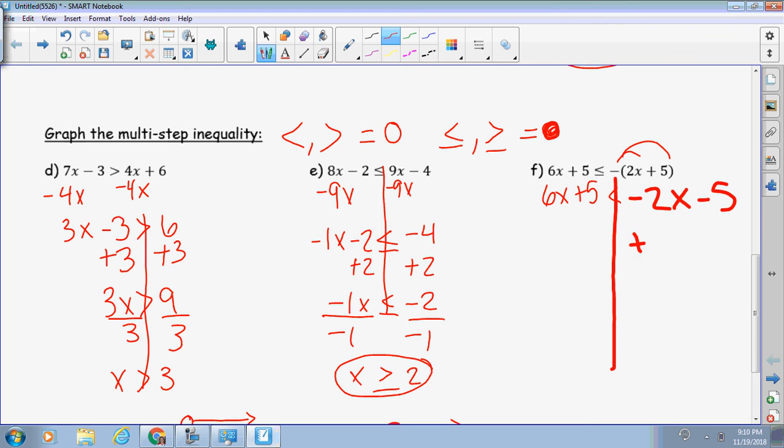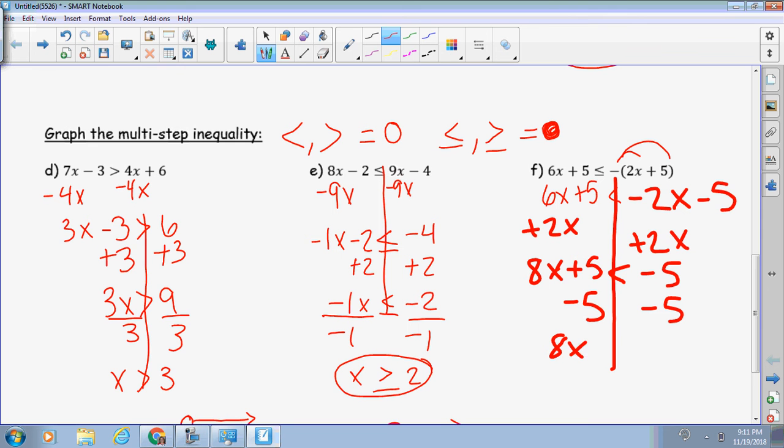I'm going to draw my line. Going to add 2x to both sides here. 6x plus 2x, that's 8x. Plus 5 is less than negative 5. Going to subtract 5. Now we get 8x is less than negative 10.